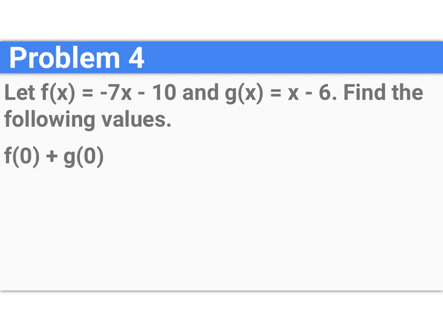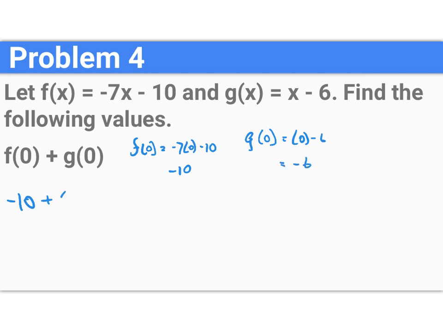And then problem 4. So f of 0 plus g of 0. So f of 0 is negative 7 times 0 minus 10, which gives us negative 10. So negative 10 plus, evaluate g at 0. And you see how I always put what I'm substituting in parentheses?